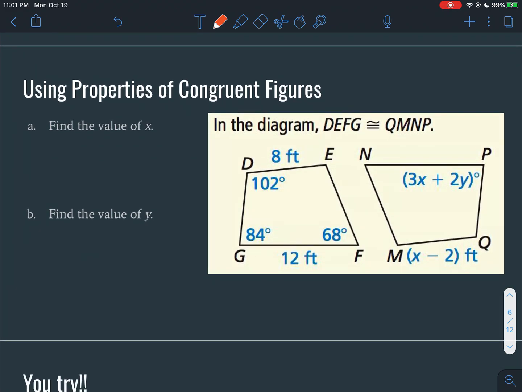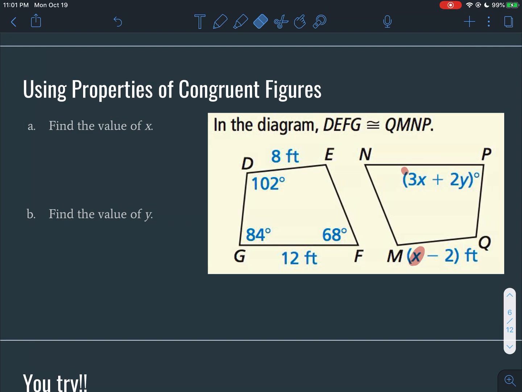All right. On this example of using properties of congruent figures to find the values of x and the values of y. Okay, so I have an x here and here. On this one, where it's in angle P, I would need to know y in order to solve for x.